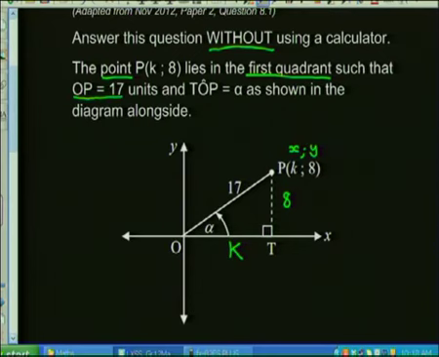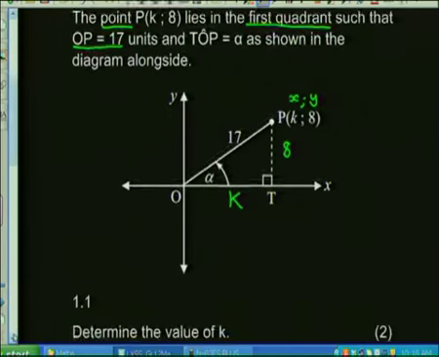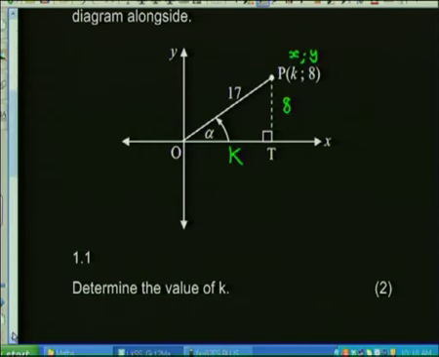OP in this question is our radius, and they have marked this on the diagram for us. They then tell us that TOP is equal to alpha, and now that we've interpreted the information on the diagram, let's look at what they want us to do.